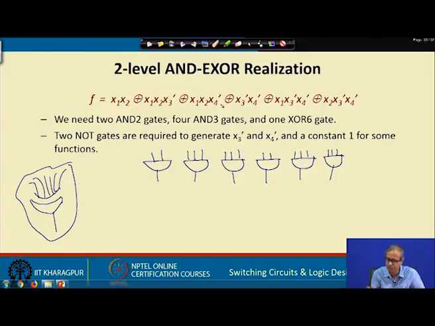For x3 and x4 you will be needing 2 NOT gates to complement x3 and x4. So, you need 2 input AND gates and 4 3 input AND gates and 1 6 input XOR gate. Now, what I am saying is that in general, you see, this is a general expression. For some function you may also have a term 1 XOR something, right. So, a general circuit will look like this.